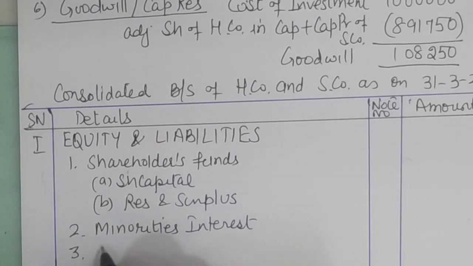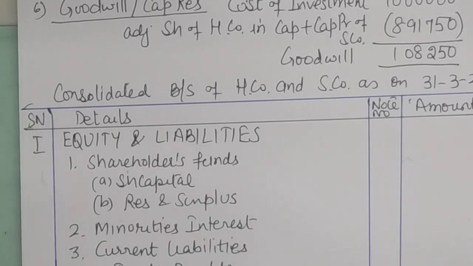Thirdly, we have current liabilities given in the problem. So current liabilities, this format can be had from the problem itself. This includes trade payable, that will give you the total here. Second component is assets.